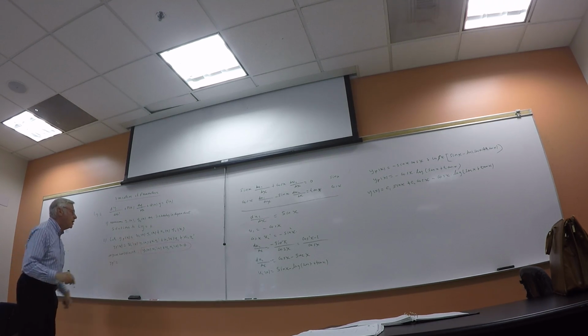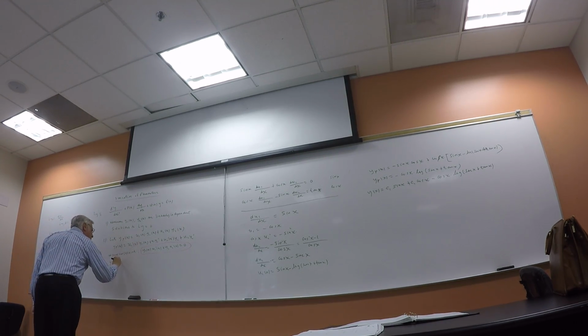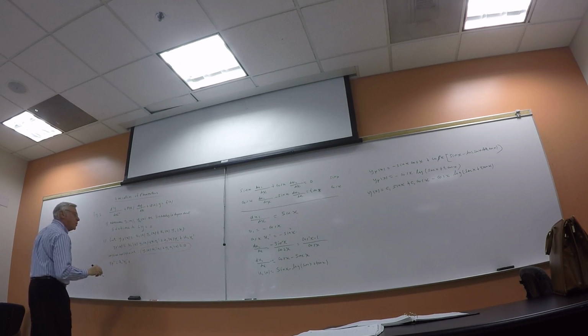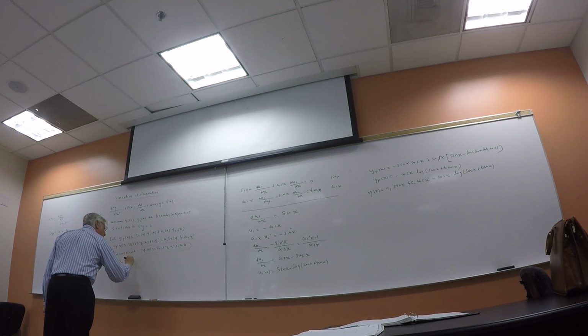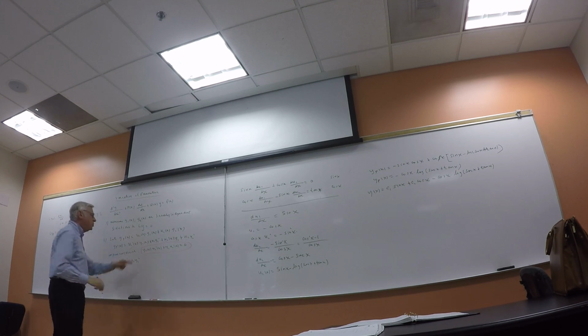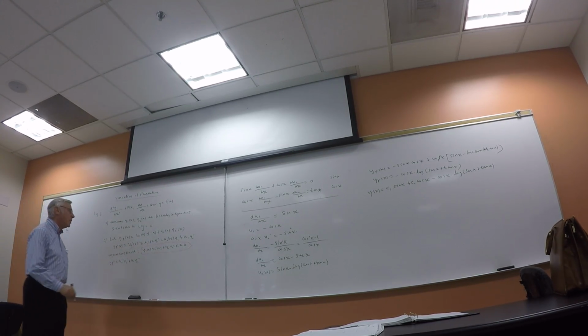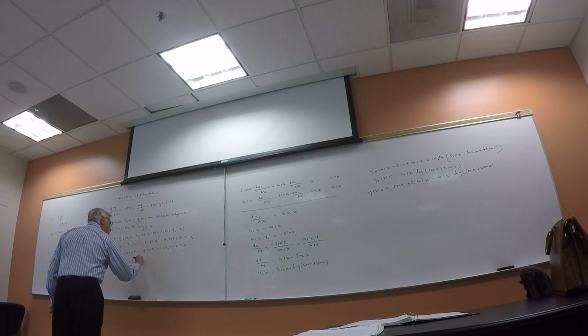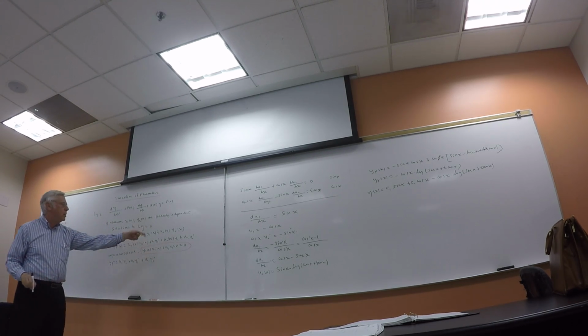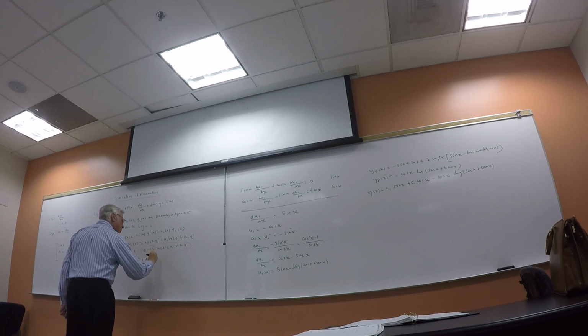I have u1 prime y1 prime, plus u1 y1 second derivative, just using the product rule on u1 y1 prime. And then same on that, plus u2 prime y2 prime, plus u2 y2 double prime.